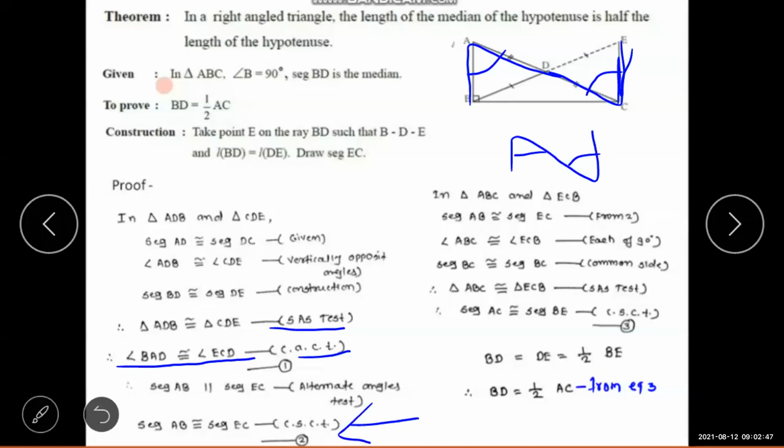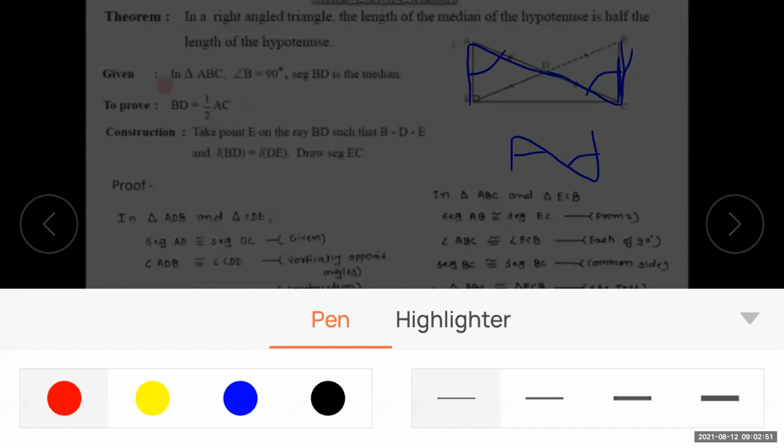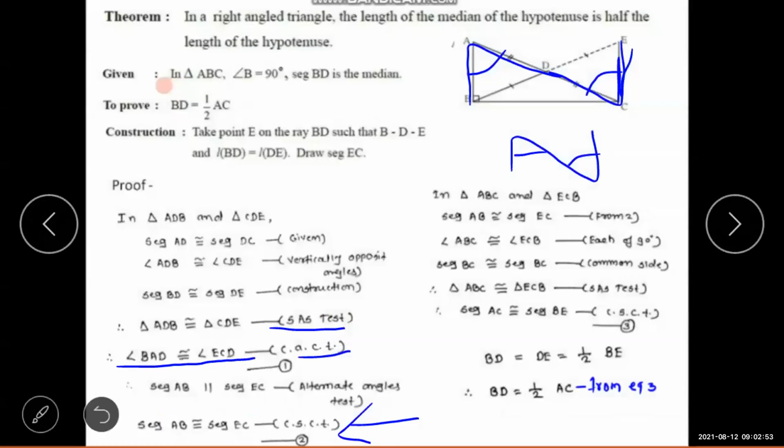This segment AB is parallel to EC. Yes, and they are also congruent to each other because those are corresponding sides of congruent triangles.